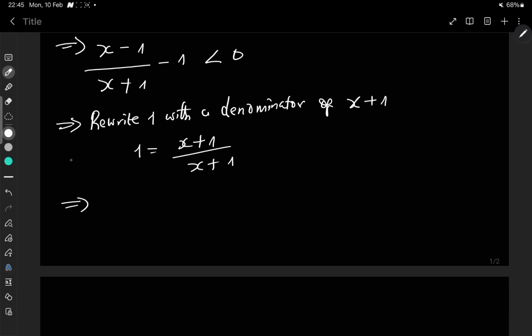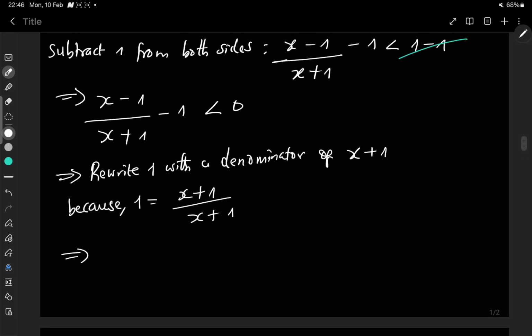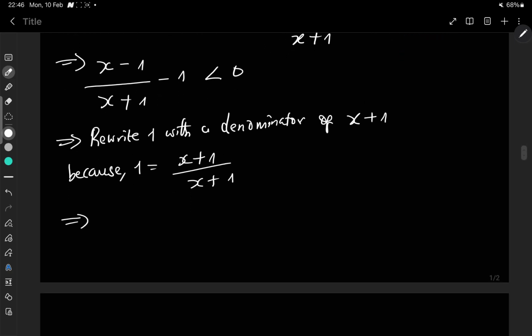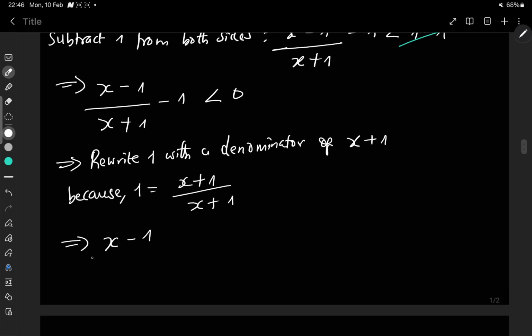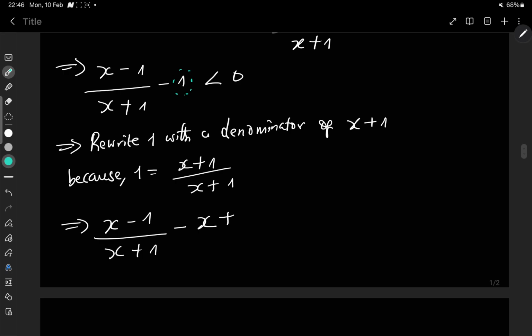So we're having x minus 1 all over x plus 1 minus, replacing this 1 with x plus 1 so that it will be easy for us to compute, x plus 1 all over x plus 1.